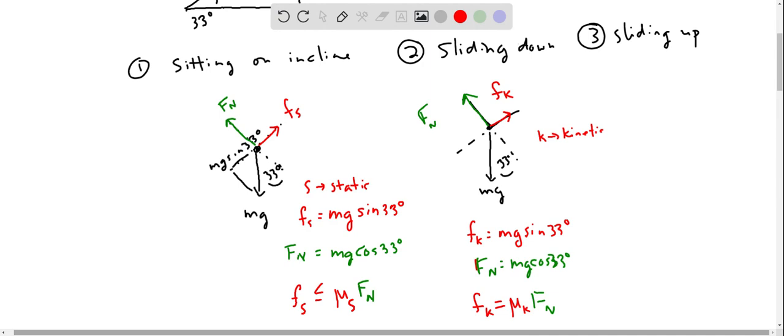So now one more drawing, and there's not going to be too much new in this, except for the direction of the kinetic friction. mg will still point downwards. Fn will still point upwards.